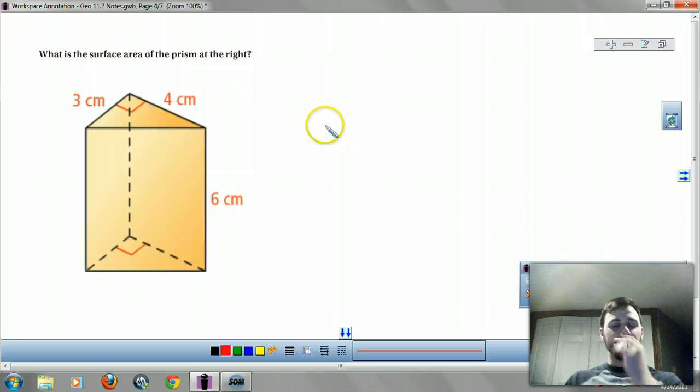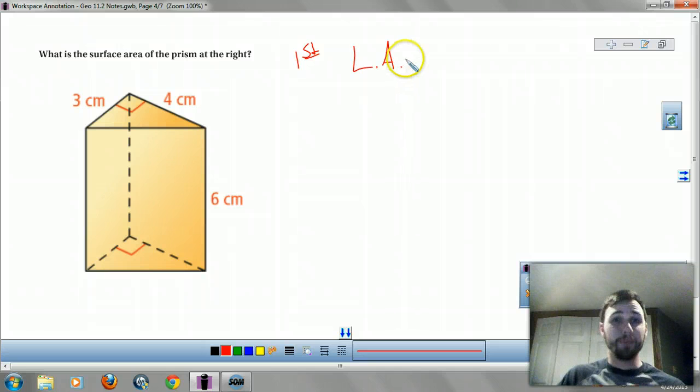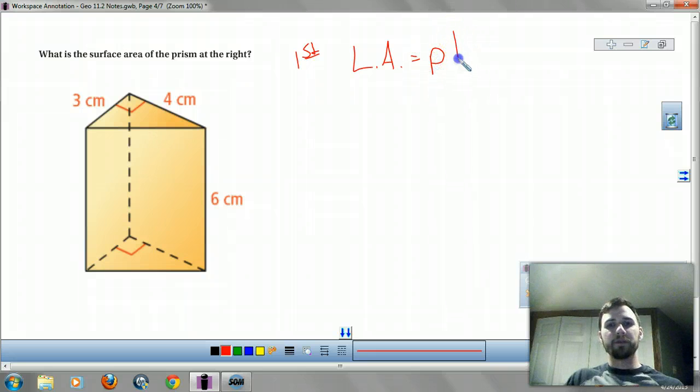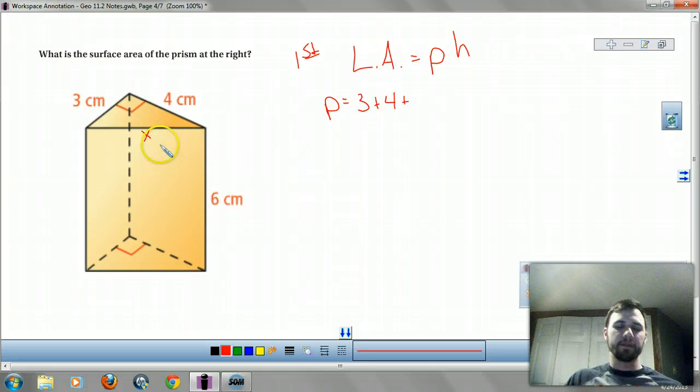Let's find the surface area of this prism. First, we have to find our LA, our lateral area. That formula is our perimeter times our height. So my perimeter equals 3 plus 4 plus x. First we have to find that x.